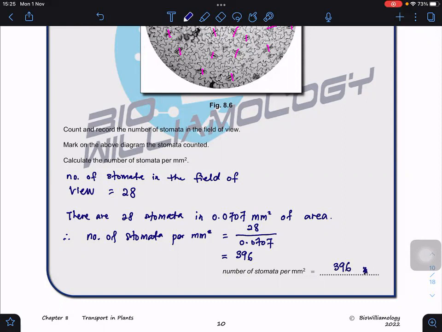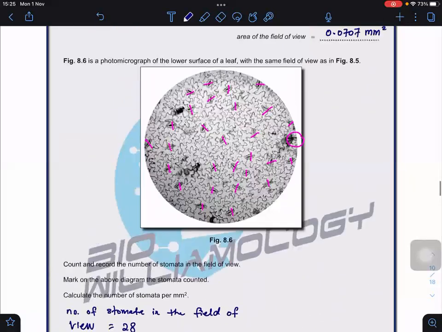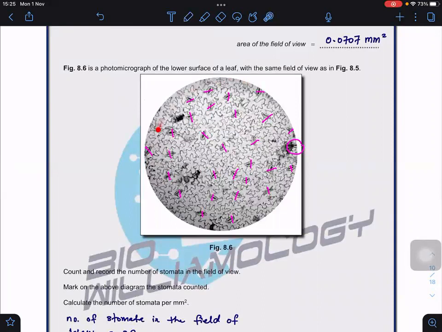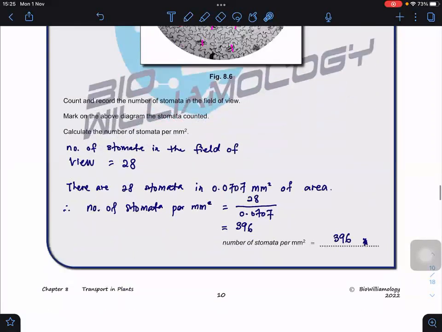Okay, so this is how you calculate or get the stomatal density. In this area of 0.0707, I have 28 of them. So per mm squared, you divide by the area, and you get a total of 396 stomata per mm squared.